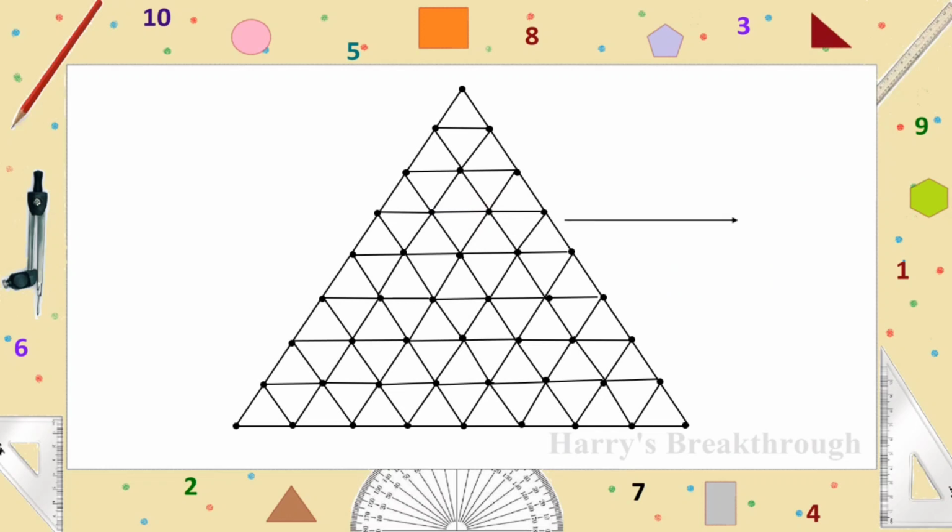Now, in the fourth row, there are 7 triangles. So, what will be the total number of triangles? We will get 9 plus 7 is equal to 16. So, up to the fourth row, there are 16 triangles. Here also, we got a pattern.